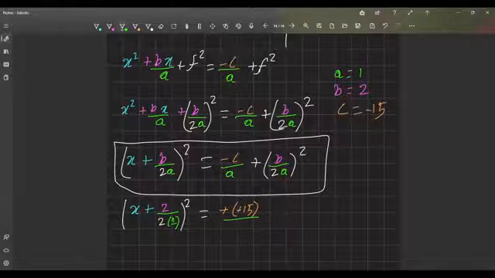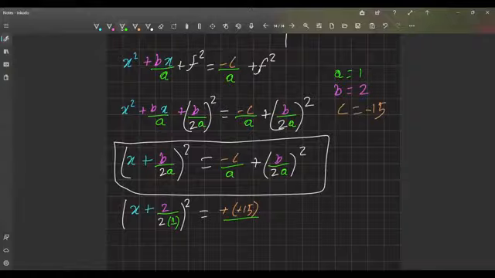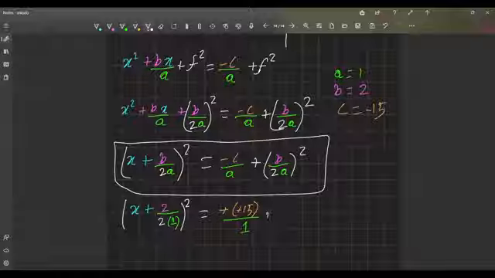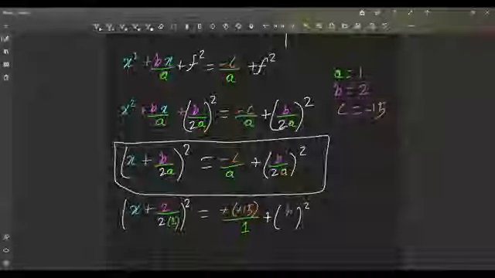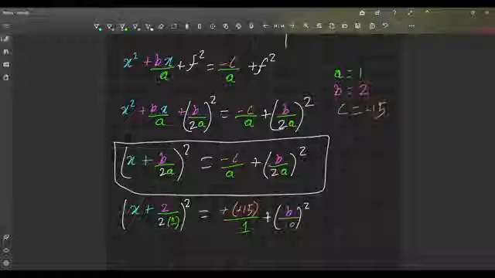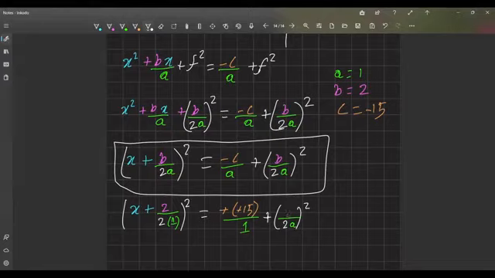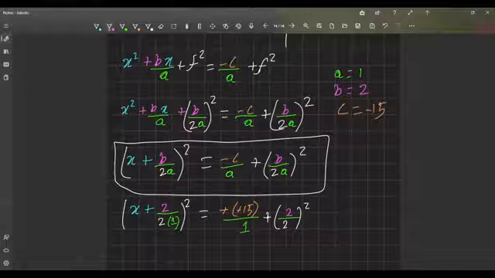All of this divided by a, which was in our case 1, and then this plus the whole squared form of b over 2a, or rather it was 2 for the b, and then for the a we'll have 1 here.